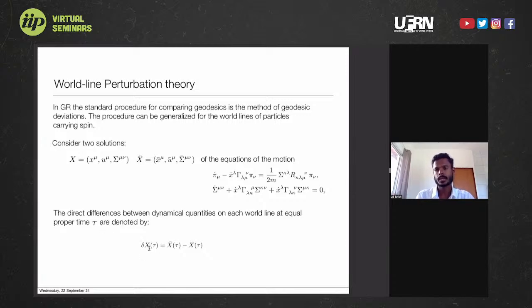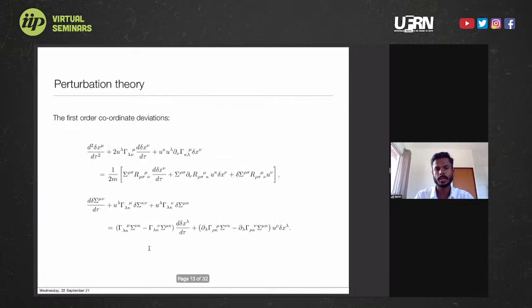With this, by imposing these conditions, we write down the first order worldline coordinate deviations as shown here, where these are 10 coupled differential equations. The first is for the 4 orbital parameters, and the second is for the 6 spin components. Therefore, totally 10.